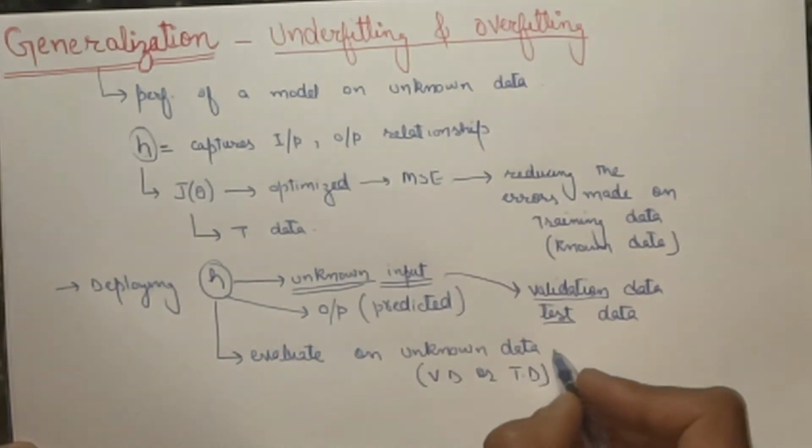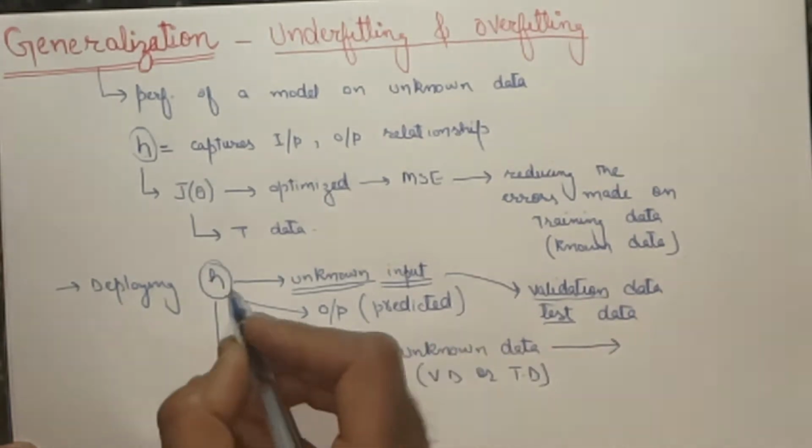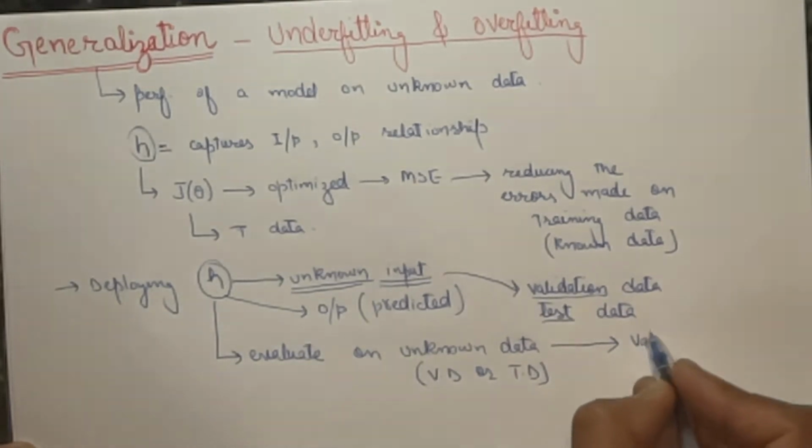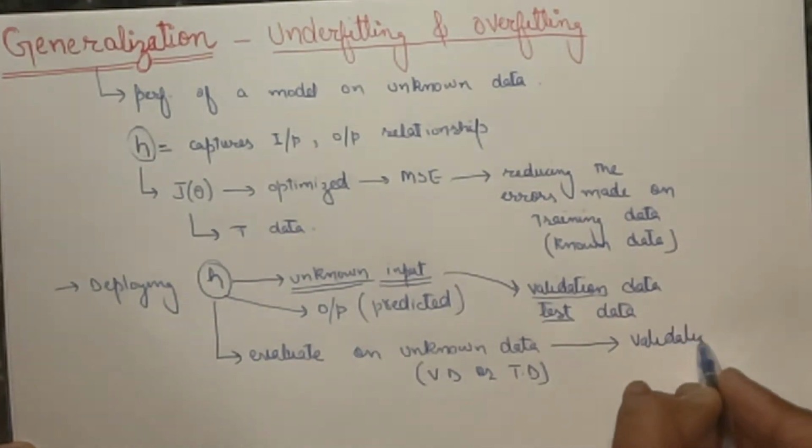Then we have to find the error of this hypothesis function on this validation data or test data, which is called the validation error.